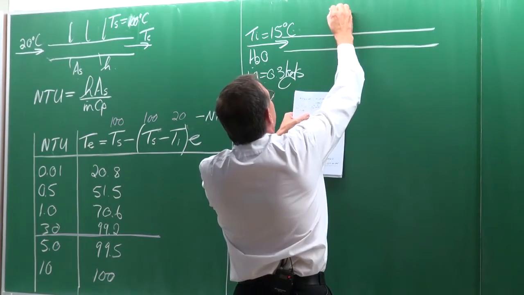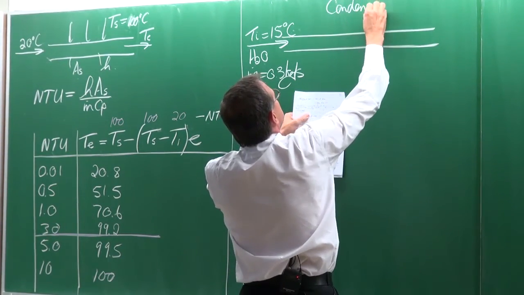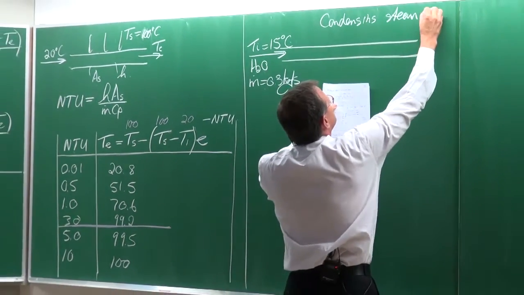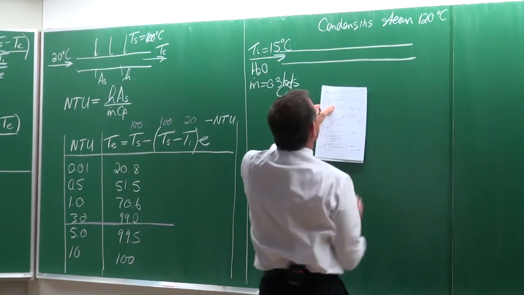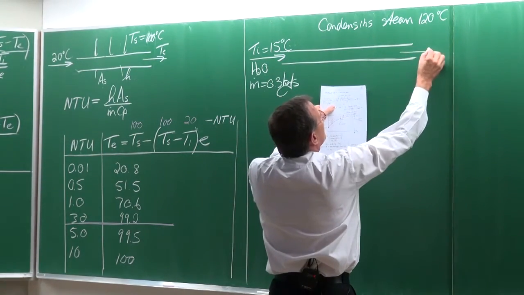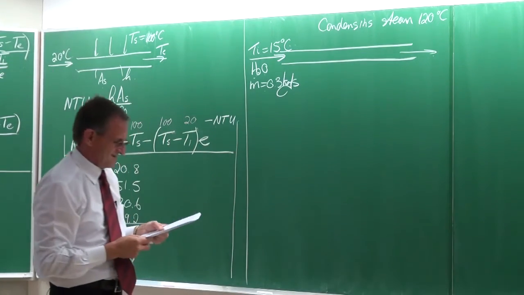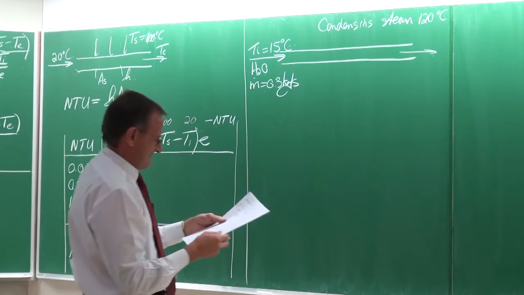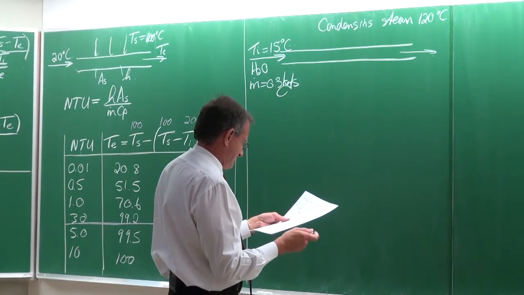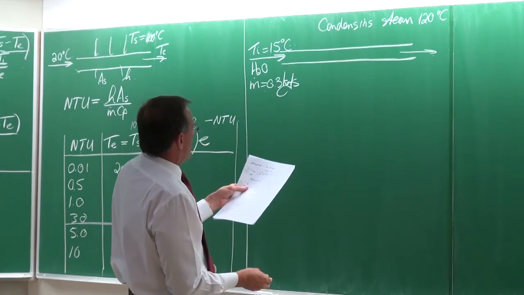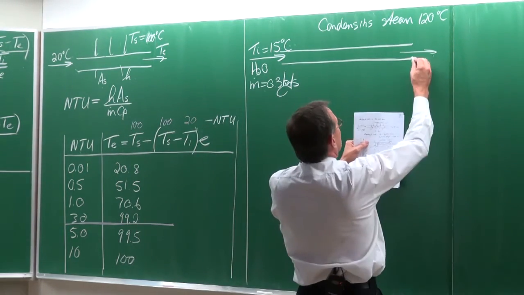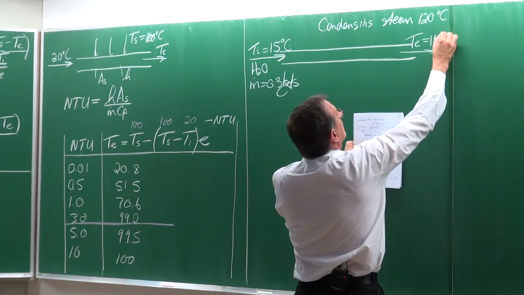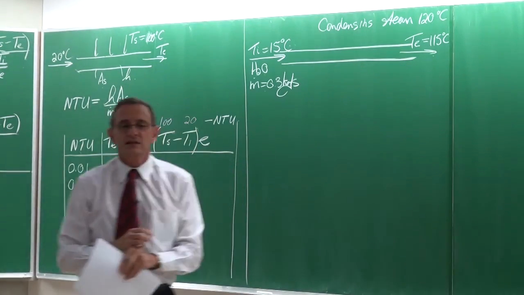Here on the outside we've got condensing steam, and it says the condensing steam is at 120 degrees Celsius. And the problem is that we want to heat this water to 115 degrees Celsius.